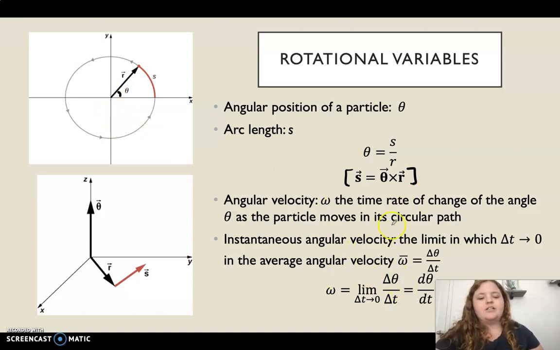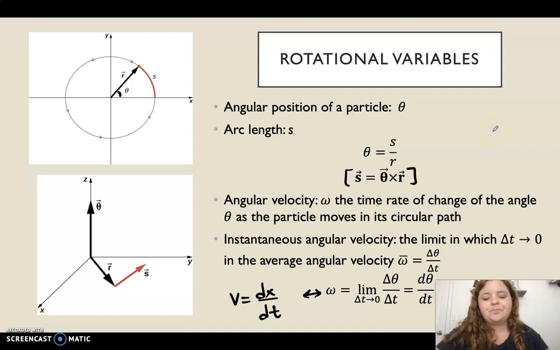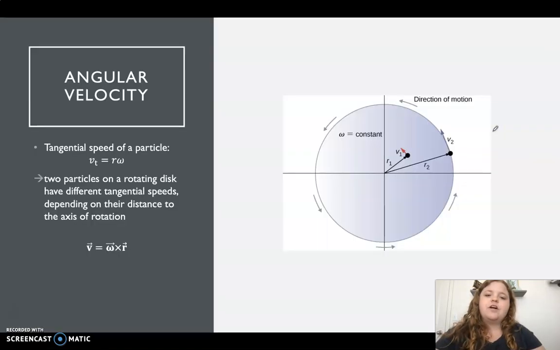Okay, and so then our instantaneous angular velocity, omega, will be equal to d theta dt. Okay, note the similarity between that and velocity equals dx dt. Okay, so theta describes a position, just like x does. Okay, so moving on from there, we'll talk more about angular velocity.